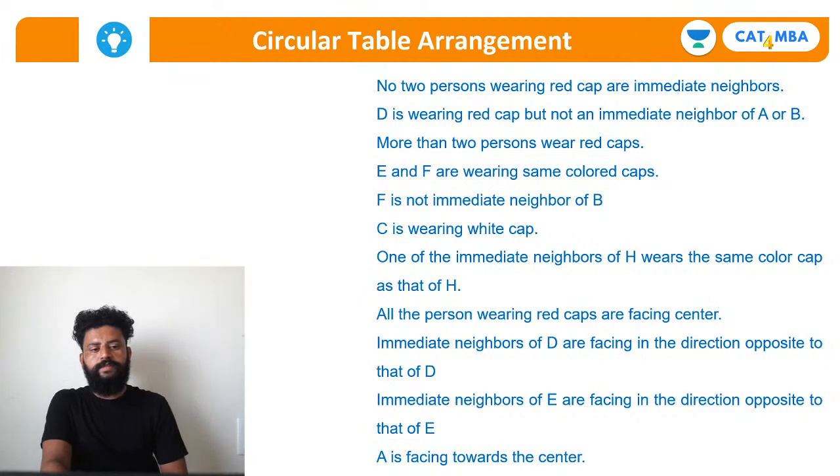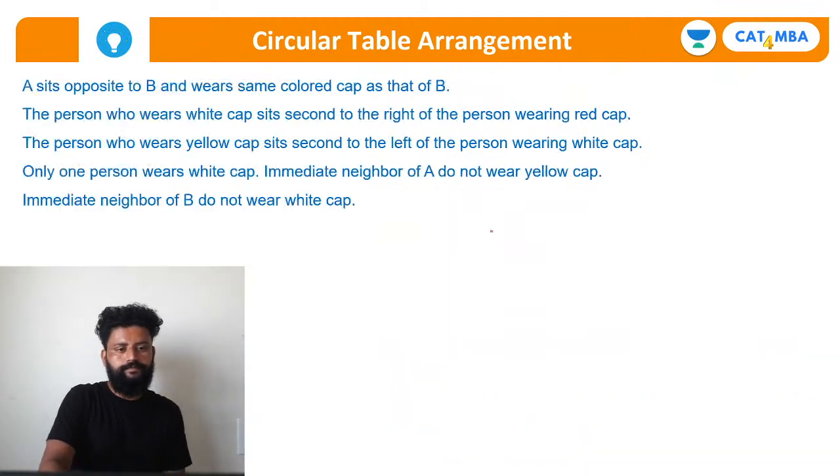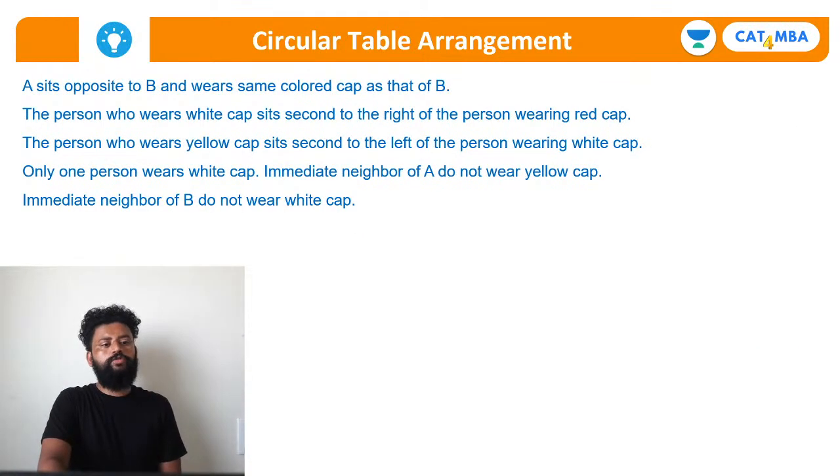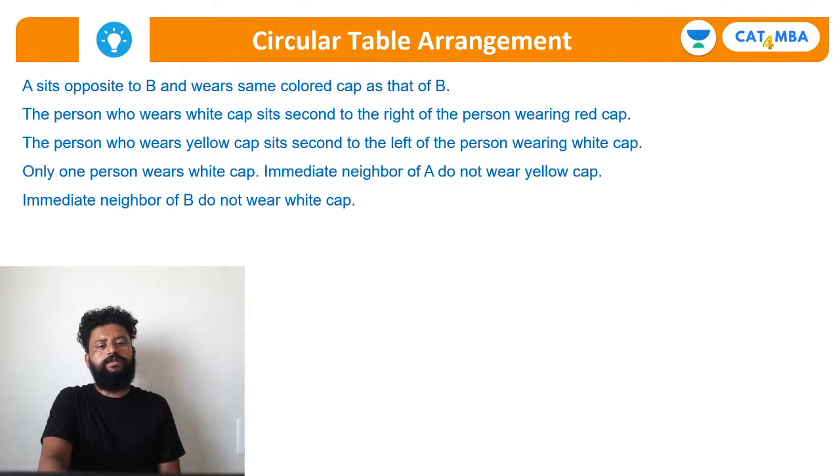He is wearing the white cap, that is already given. The person who wears white cap is second to the right of the person wearing red cap. So many persons will wear red.